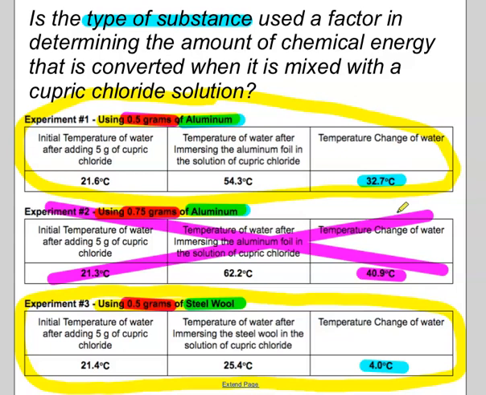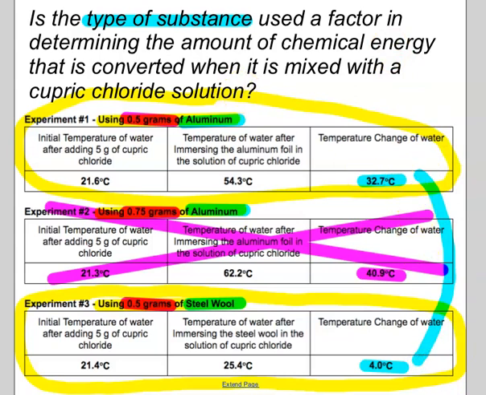Or you might say when we used aluminum foil versus steel wool, the amount of thermal energy dropped by 28.7 degrees Celsius. So there's different ways you can say it. So make sure in your evidence you have all these numbers, but then you also have to compare these numbers.